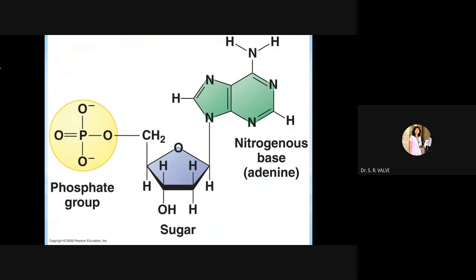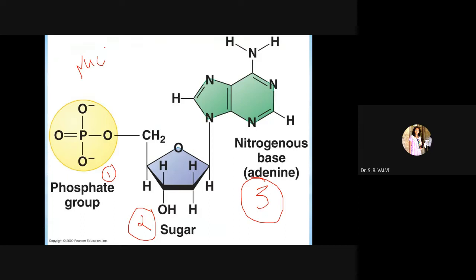Now see, this is the phosphate group, this is our sugar and this is the nitrogenous base. Particularly adenine is shown in this figure. So this is our nucleotide.